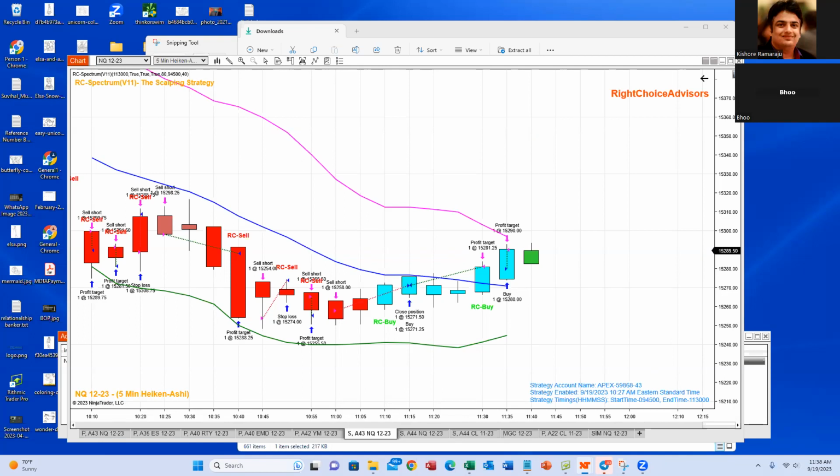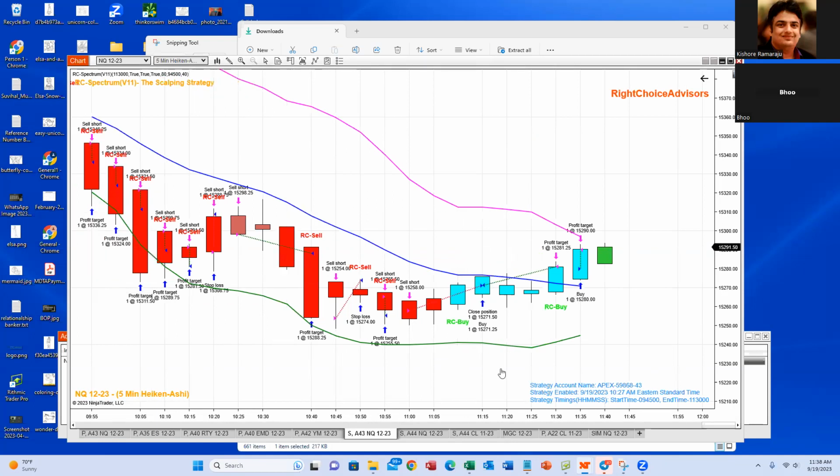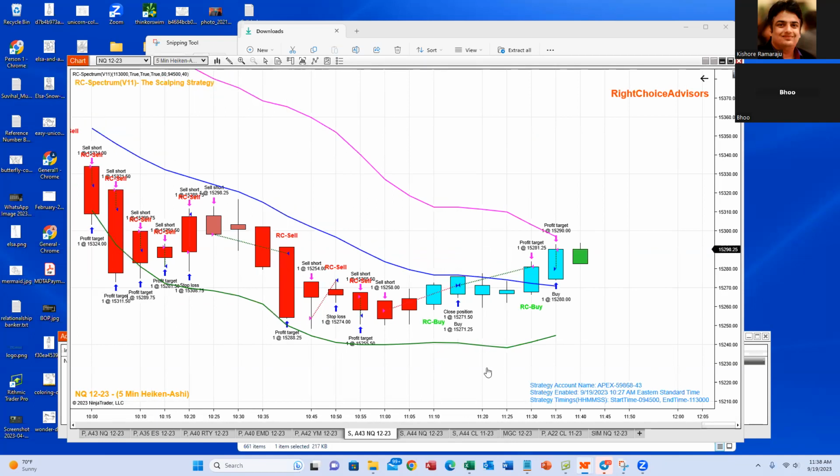For scalping, again, for swing we can hold, right? It may go to 15360 or something today, but just for scalping purposes you can close, and again we can open puts, or we can sell calls at that time.